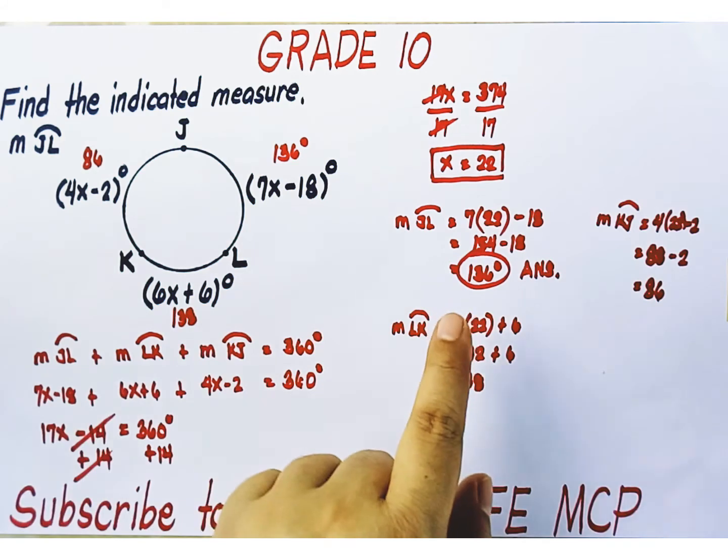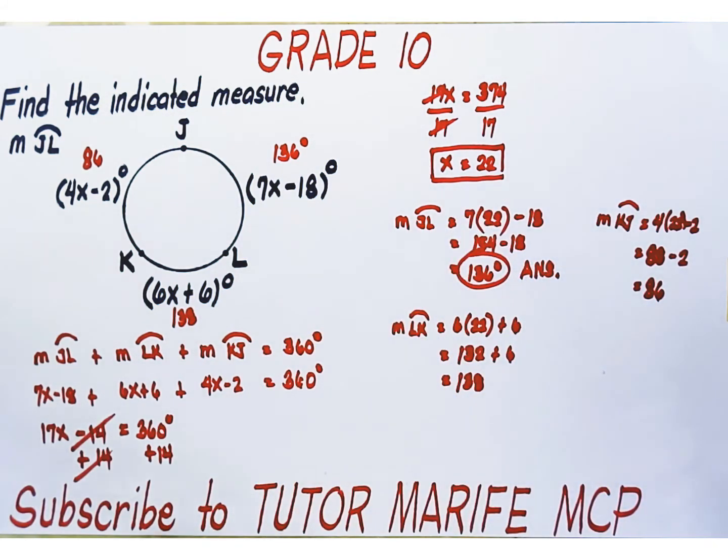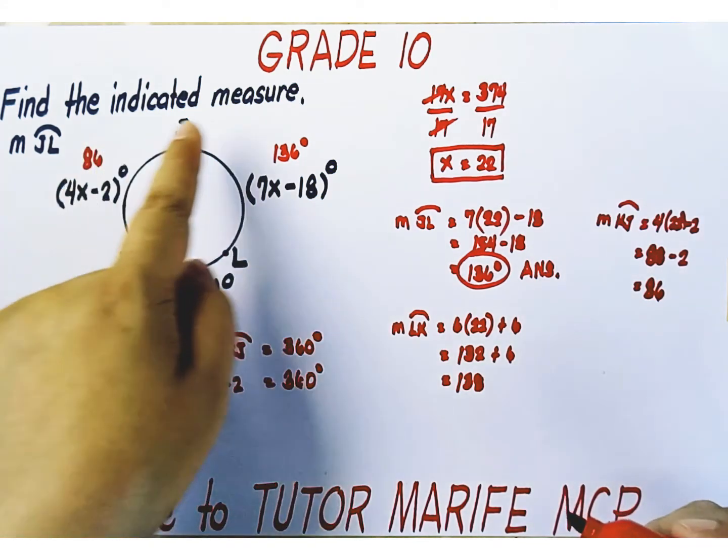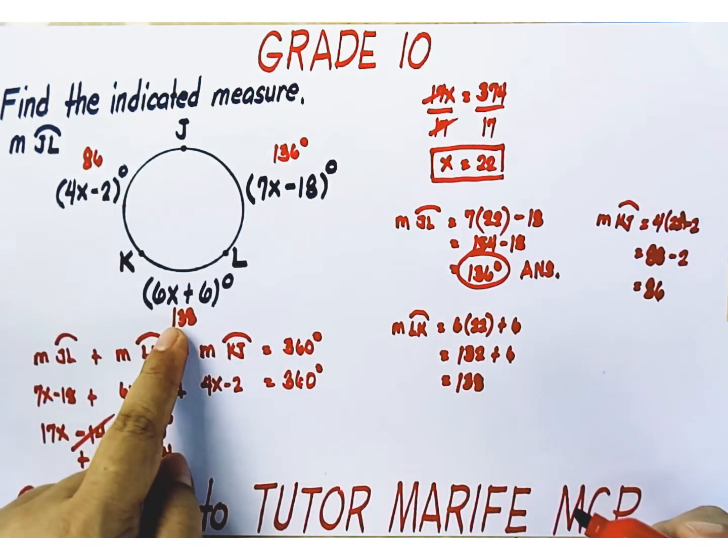To validate our answer for x and for the measure of arc JL, the total of these three measures should be equal to 360 degrees.